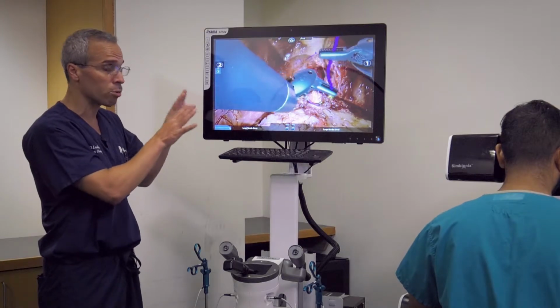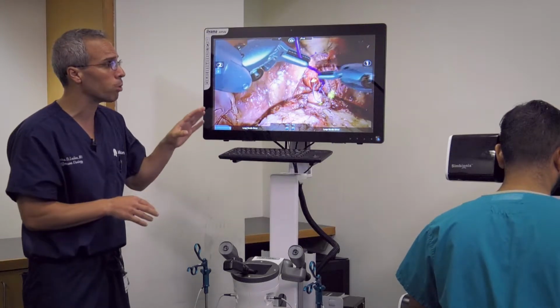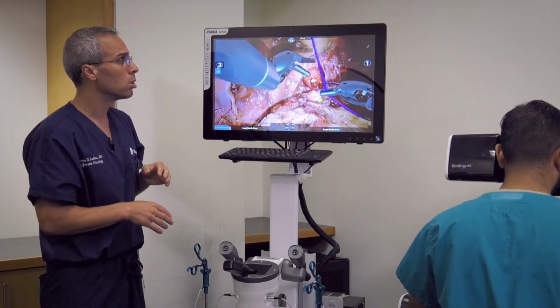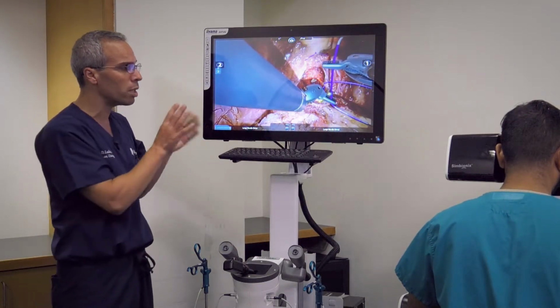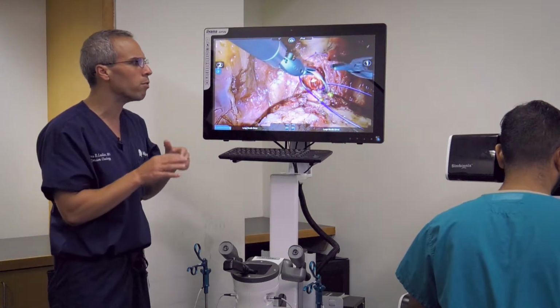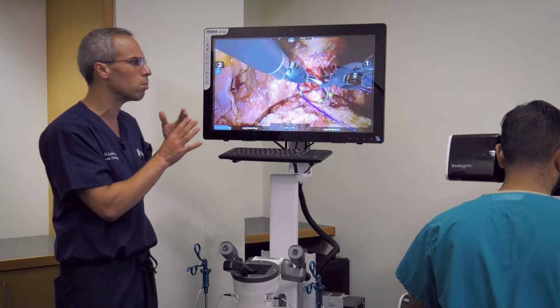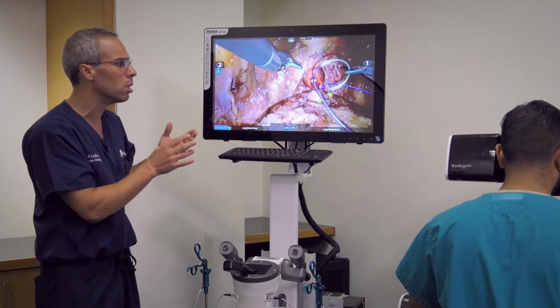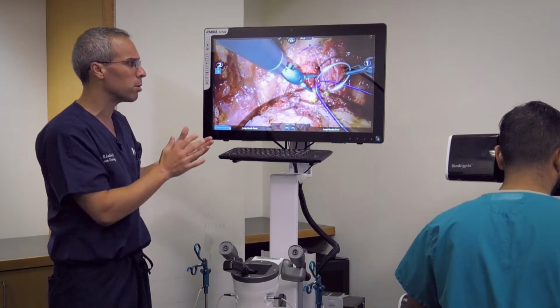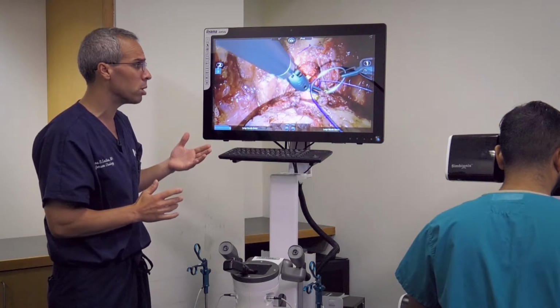And the simulator will tell you that. If you're applying too much pressure, the actual instruments will turn red in those situations. So again, it's not just teaching you anatomy, it's also teaching you how to tell by visual cues how much pressure to apply to what parts of the tissue in order to do the operation without excessive trauma to the actual patient, to the tissue.